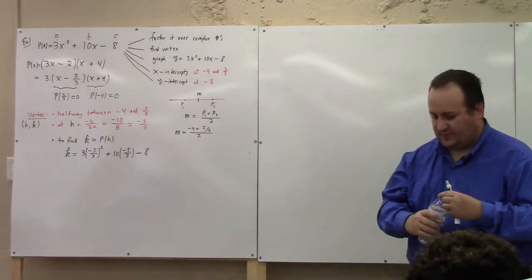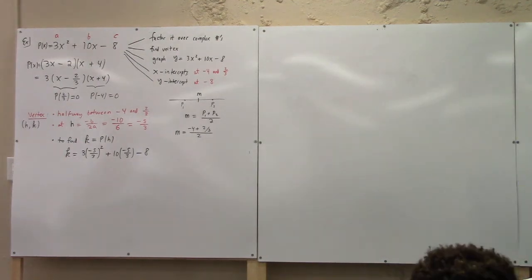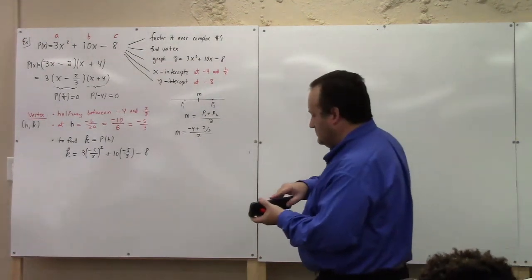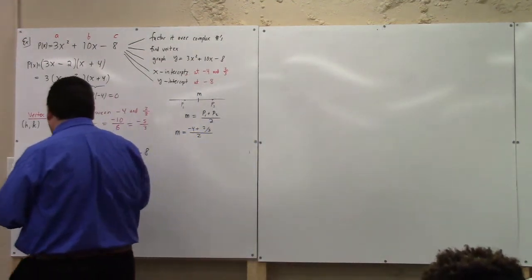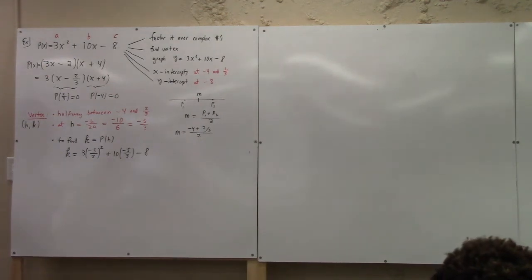So we got some arithmetic to do there, right? I'm going to use my calculator in the interest of time and not making a silly mistake. Let's see here. So we got 3 times 25 over 9, minus 50 over 3, minus 8.